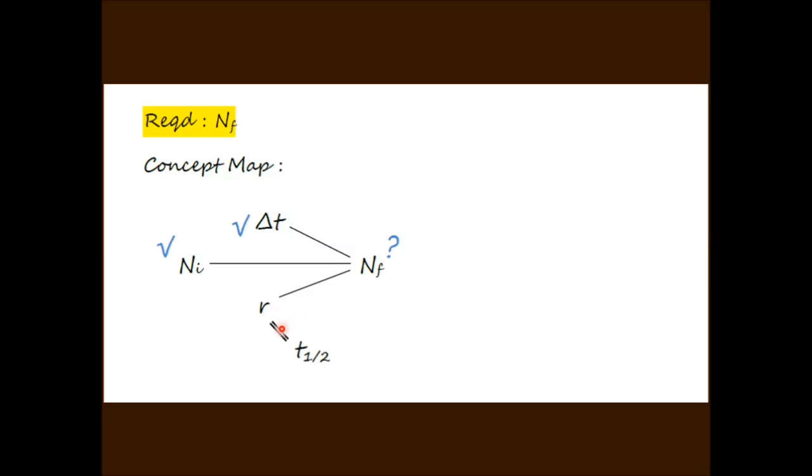R can often be found from the half-life of that isotope. We don't have this either. For this problem, we need to determine R from its fundamental definition. The fundamental definition of the decay rate is the fixed ratio for that isotope of the activity at any given time to the number of nuclei present at that time.